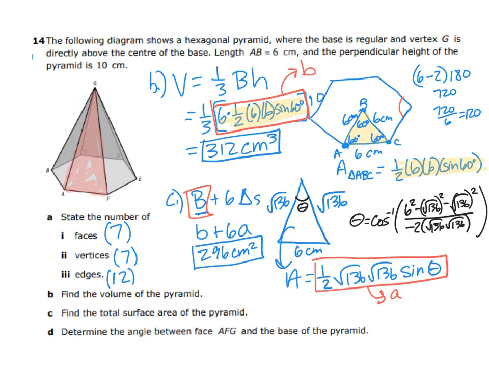Then I'm going to draw the altitude of that red triangle, which also happens to be the slant height of the pyramid.